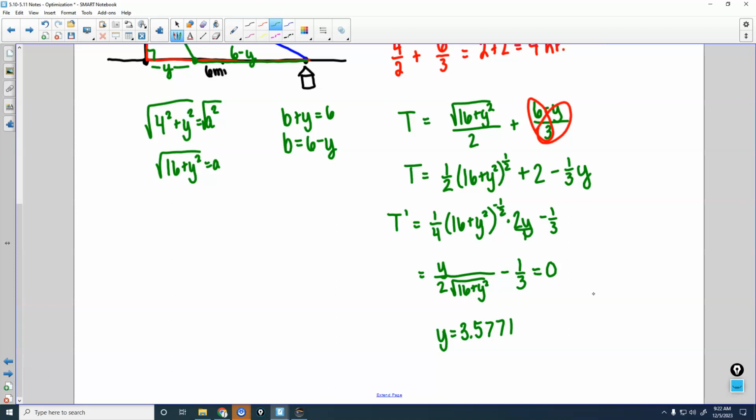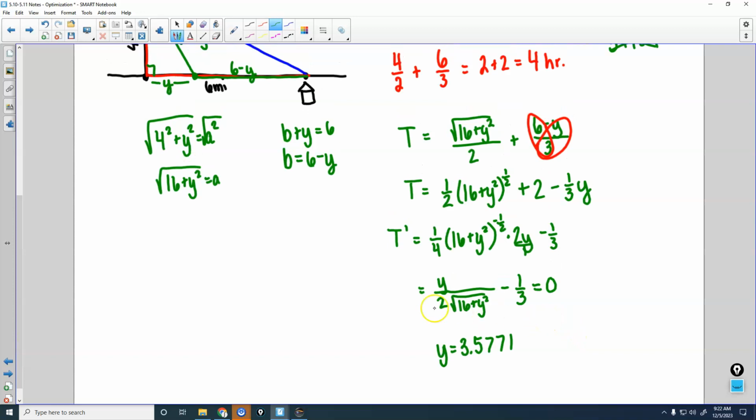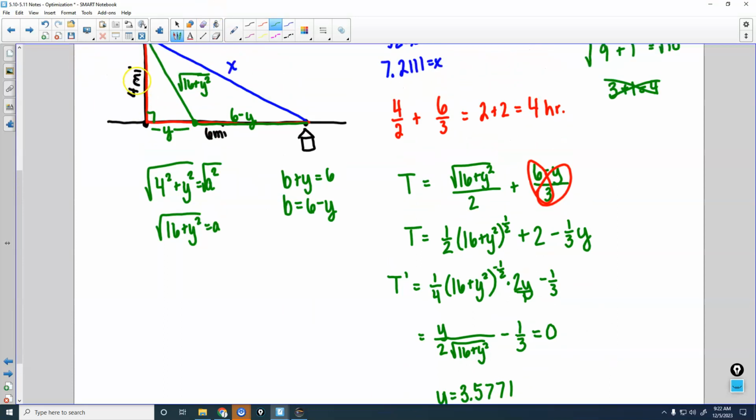Hopefully, that should be our minimum right there. The best way for her to do this is to row to a point that is 3.5771 miles from the point right here, and then walk the rest of the way.